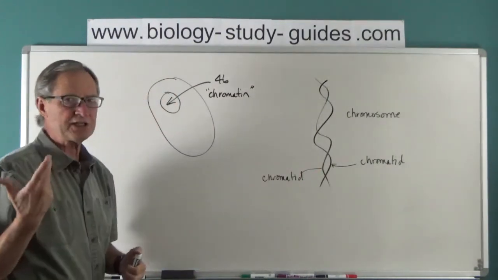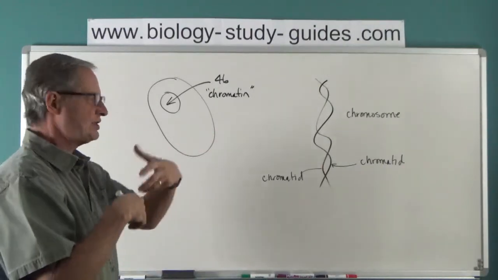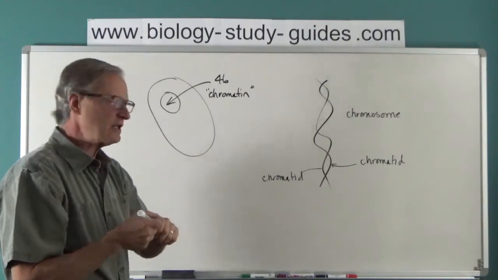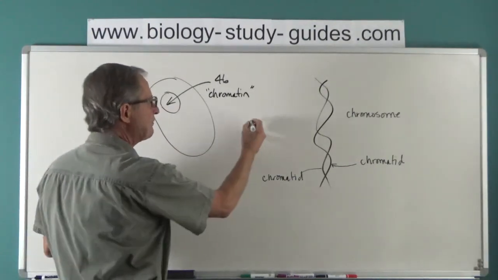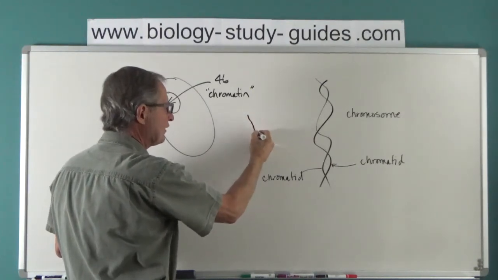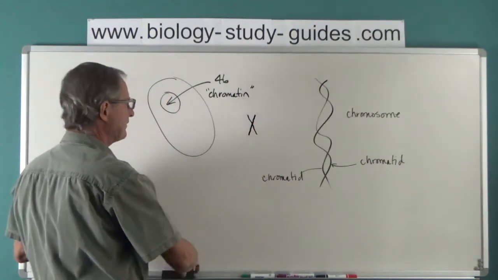Now, when people see DNA, they don't see it looking like that because DNA is typically unraveled and it's just too small to see. But with a light microscope, during mitosis, you can see DNA and it looks like this. So it'll be lined up with the equatorial plate.